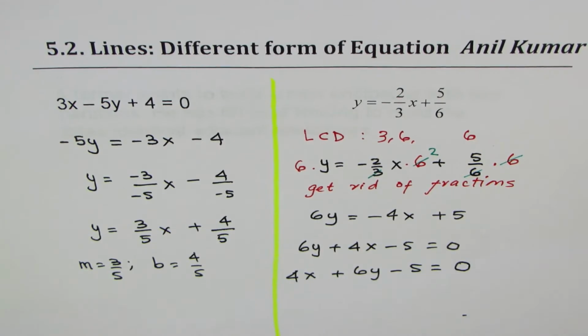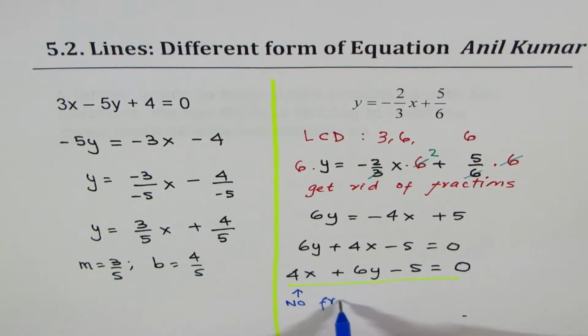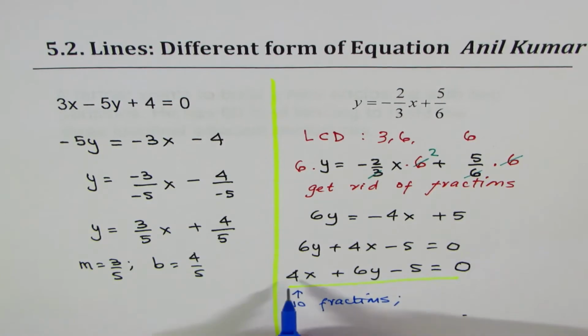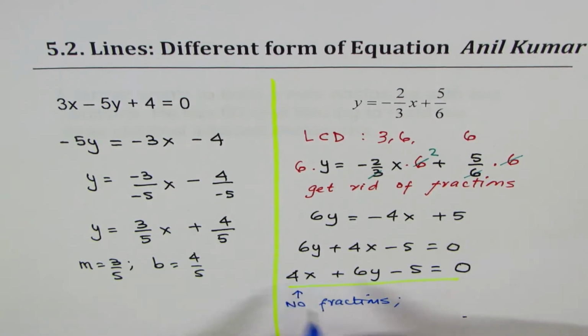So I hope you understand the concept. What we get here is 4x plus 6y minus 5 equals 0. Remember, no fractions, right? No fractions. Important thing.